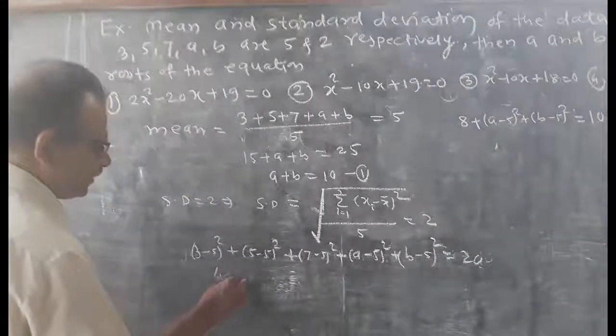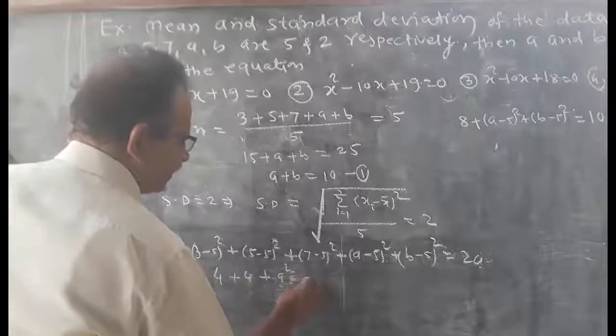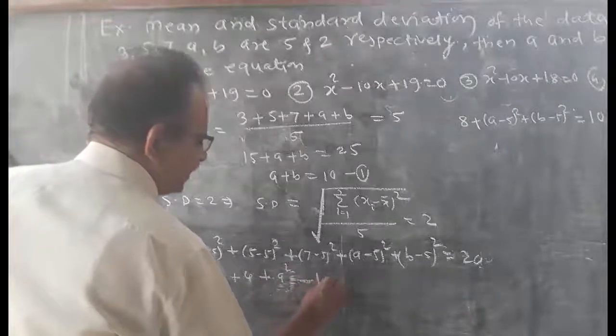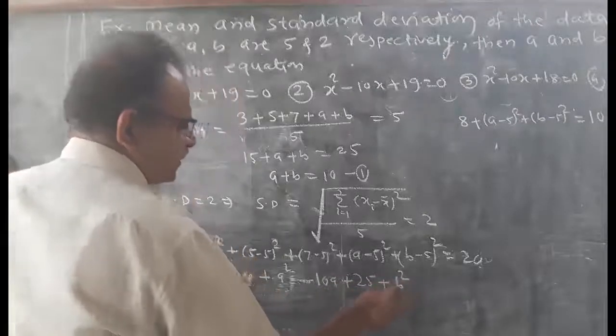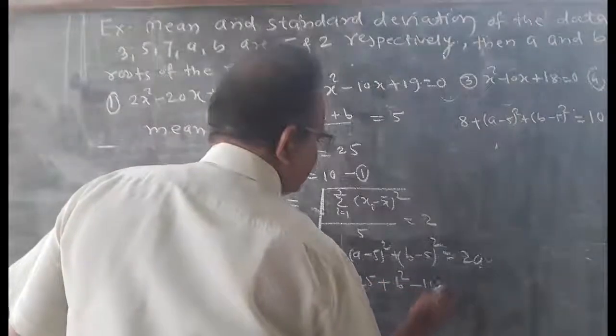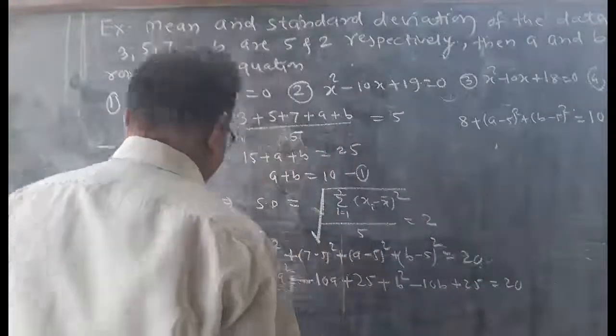Therefore 4 plus 4 plus a square minus 10a plus 25 plus b square minus 10b plus 25 equal to 20.